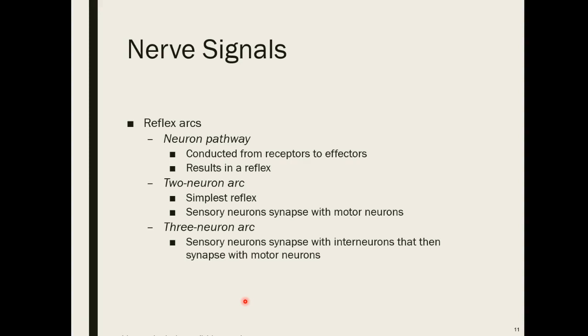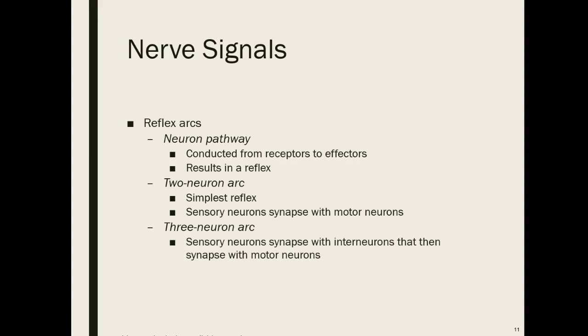And then the effectors are going to be an organ that puts nerve signals into effect. So this is commonly muscles or glands. The reflex is going to vary depending upon the organ that's put into effect by the impulse. So if it's a muscle, the reflex is going to be contraction. If it's a gland, it would be secretion.